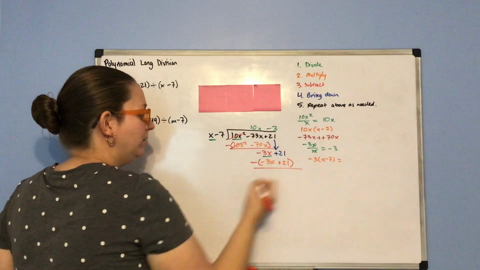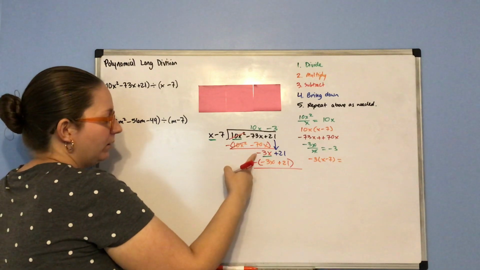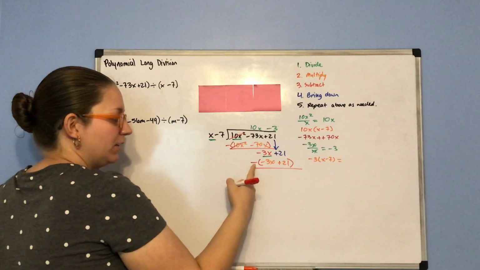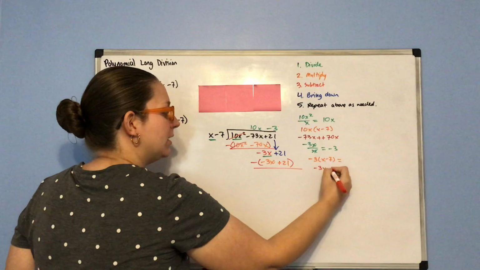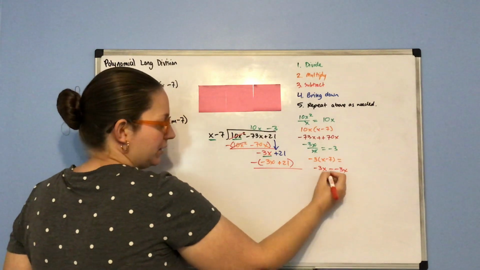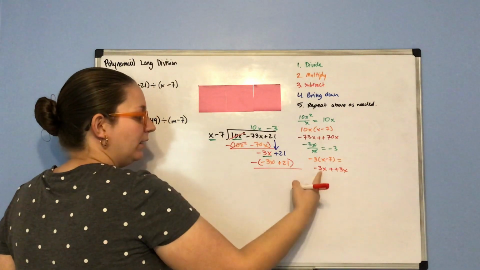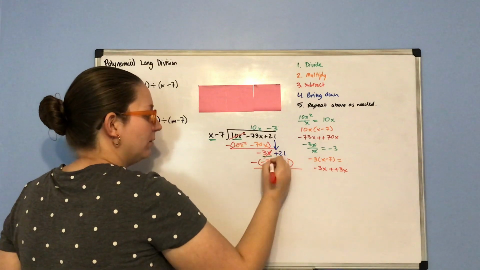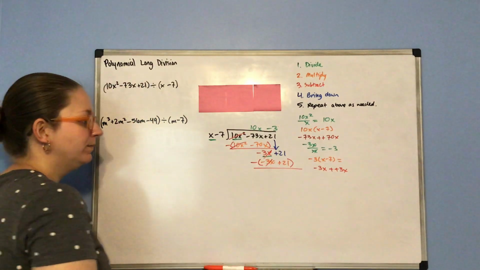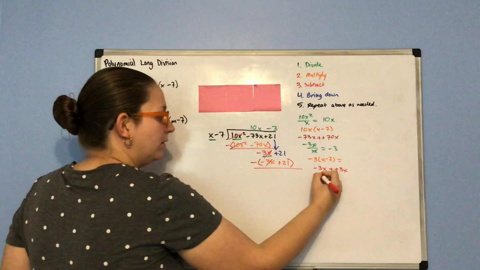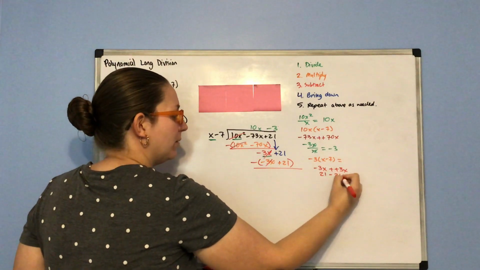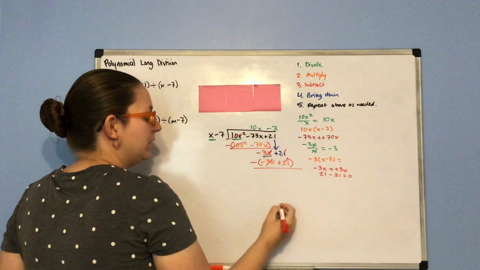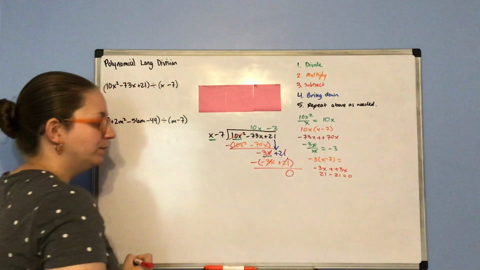Subtracting this whole thing. Negative 3x, watch out, we have a lot of double negatives here. So I have negative 3x minus negative 3x. Double negative is like adding. Negative 3 plus 3 is 0, so those cancel, which we want. 21 minus 21 also cancels, so I get a grand total of 0.